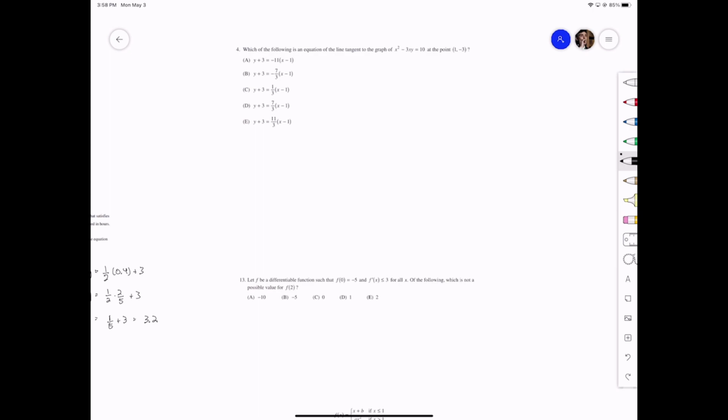I don't know if they're on the actual AP test, but there are sometimes problems where they'll give you the first derivative and tell you it's 0, so you know it's a critical point, but then you might have to identify whether it's a maximum or a minimum depending on the second derivative.